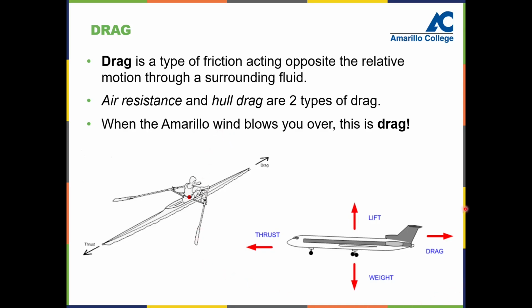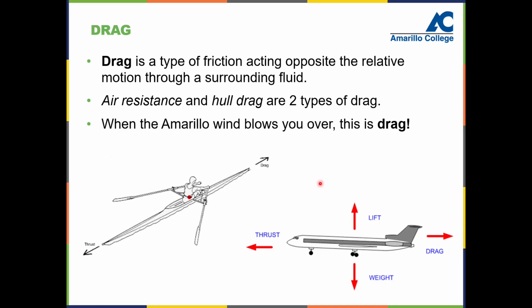So for example, we have a free body diagram of an airplane. We have the thrust from the engines acting in the positive x direction, if I define the positive x direction to be to the left here, and we have drag acting to the right, opposing that relative motion. Of course, we have lift from the wings counteracting the weight, but what we're specifically after is the drag.